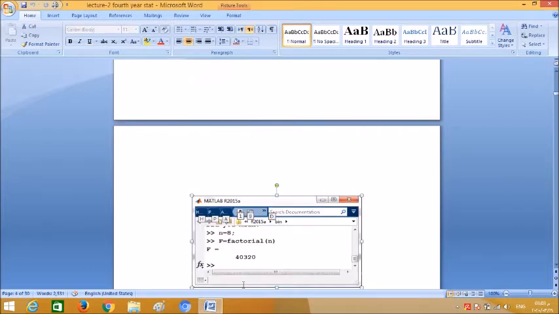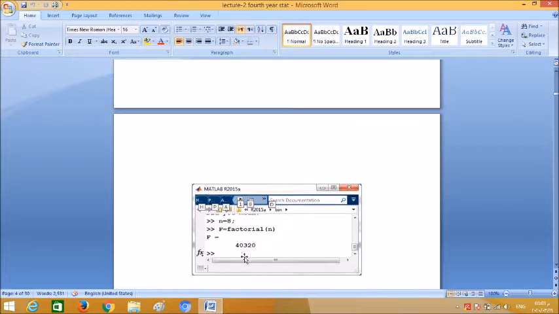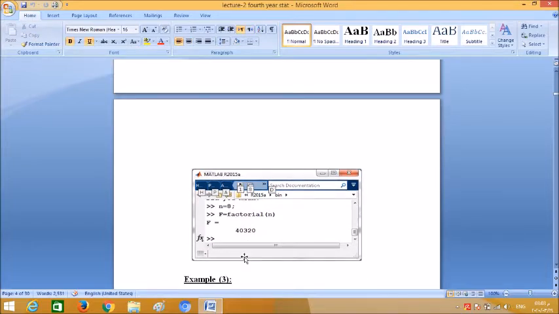Using MATLAB, put n equals 8 and use the command f equals factorial(n). So the result or the answer is the same as that by calculator.